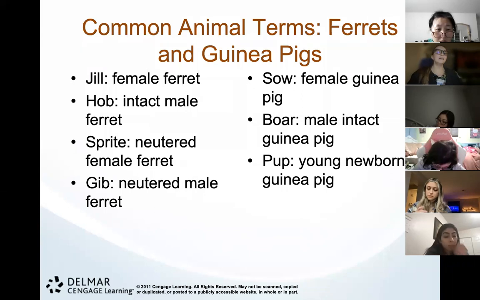And a gib is a neutered male ferret. Then with our guinea pigs, they're actually really similar to our porcine or to our actual pigs with the terminology here. So sow would be a female guinea pig, while the boar is a male intact guinea pig, and a pup is a young newborn guinea pig.